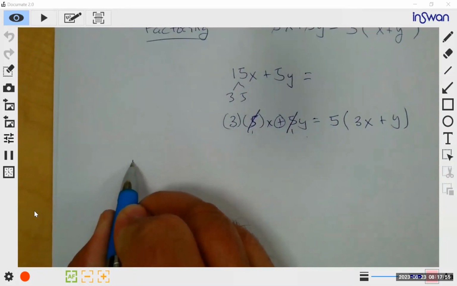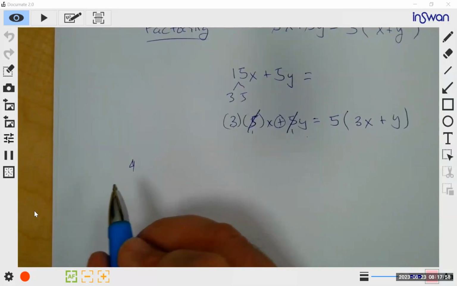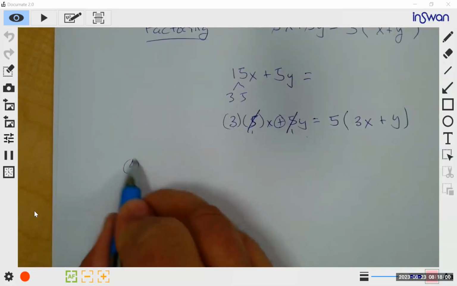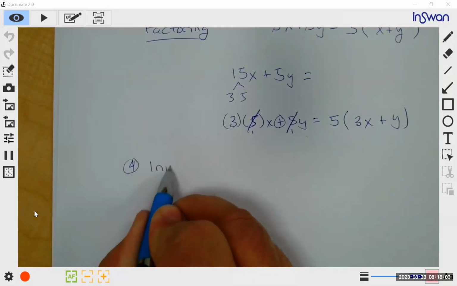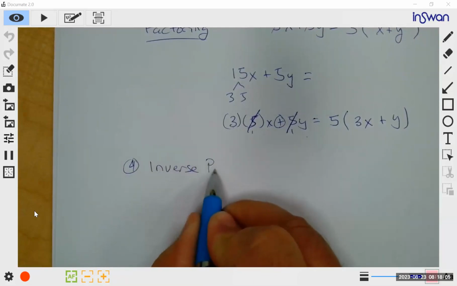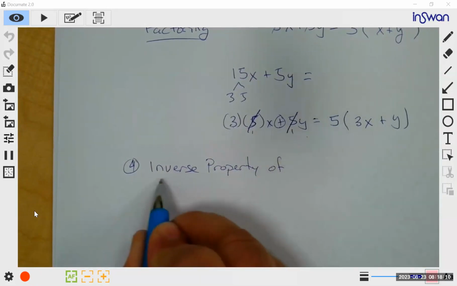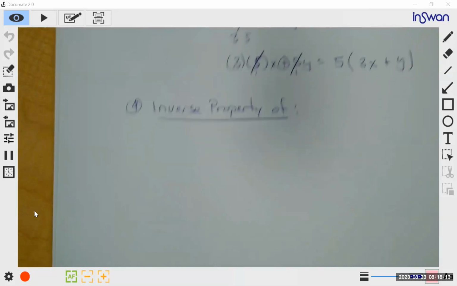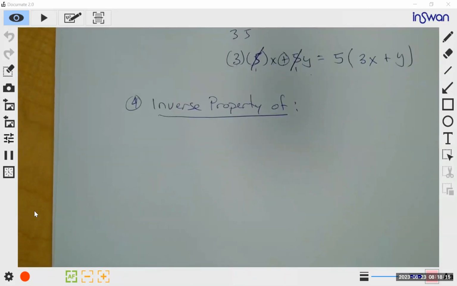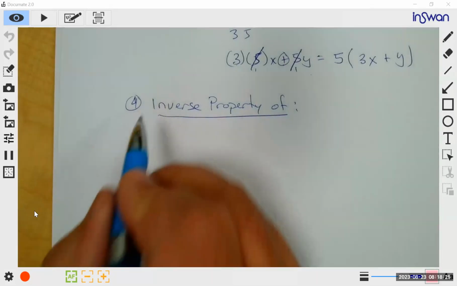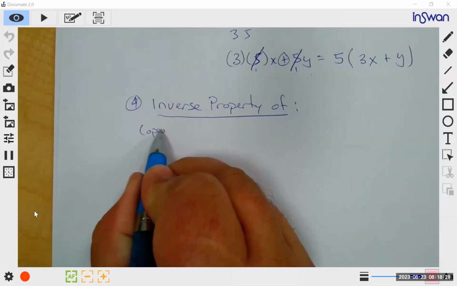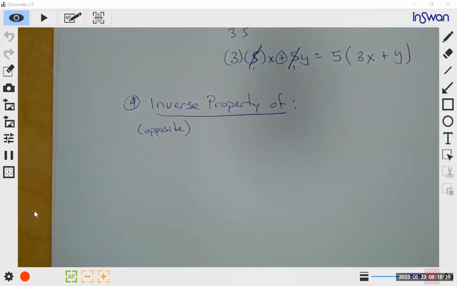The next property. The inverse property of, what does inverse mean? What is inverse? Another name for inverse is opposite.